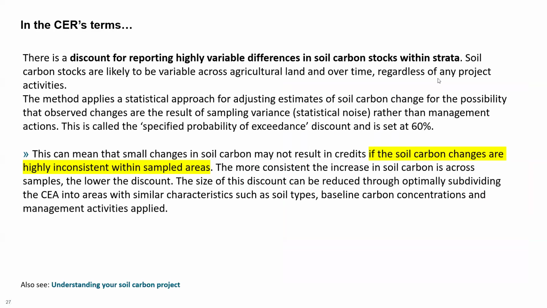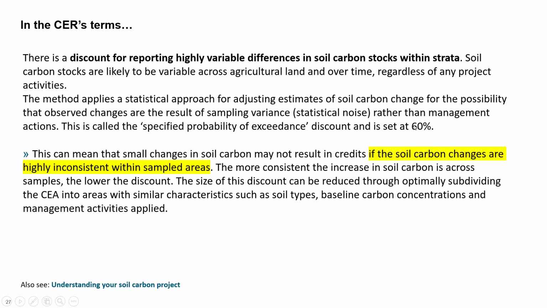That is exactly what we just said, but in the words of the CER, you've got to minimize the inconsistency in your strata, and the probability of exceedance discount is set at 60%.